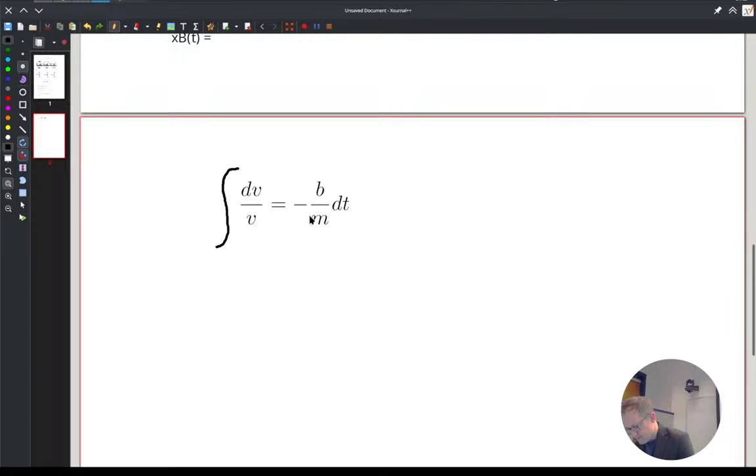What are we trying to get from this equation when we integrate? Then we'll have v of t. Not great, but it's there. So the goal, at least first step, is to get v of t.